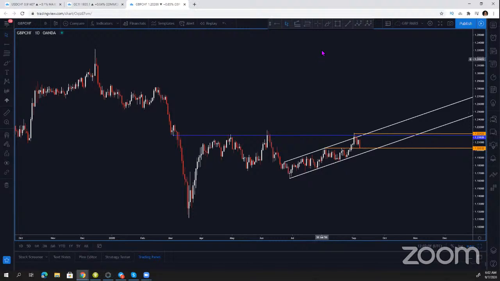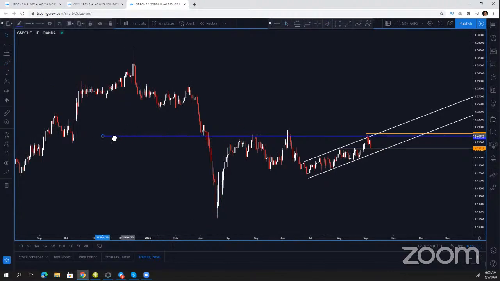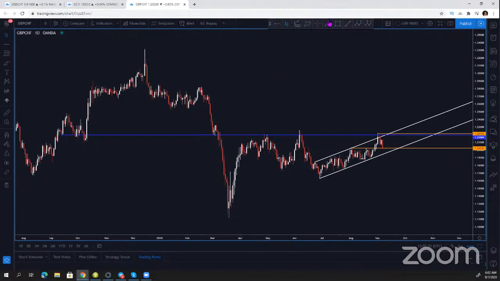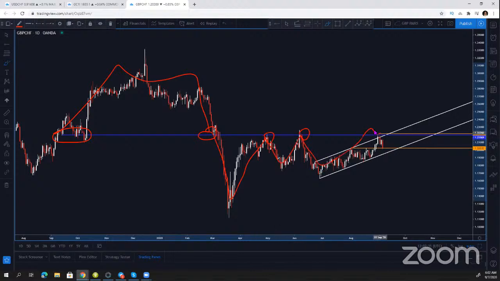That's fine. Why is this such a strong level of resistance or a key level? We can even go back to these lows right here, if you notice. This is a level that price has swung around, and that is holding price down at the moment.